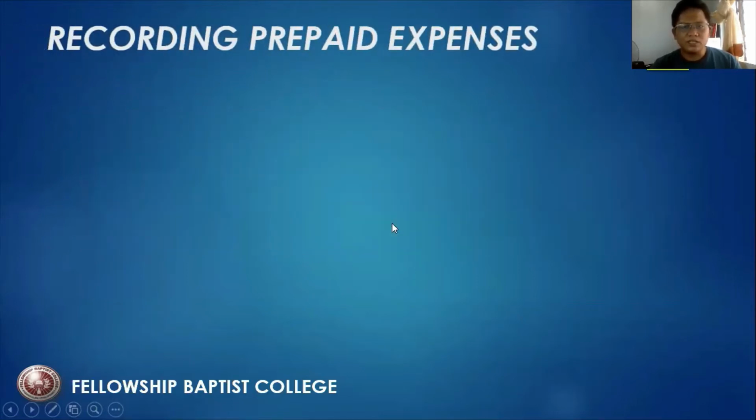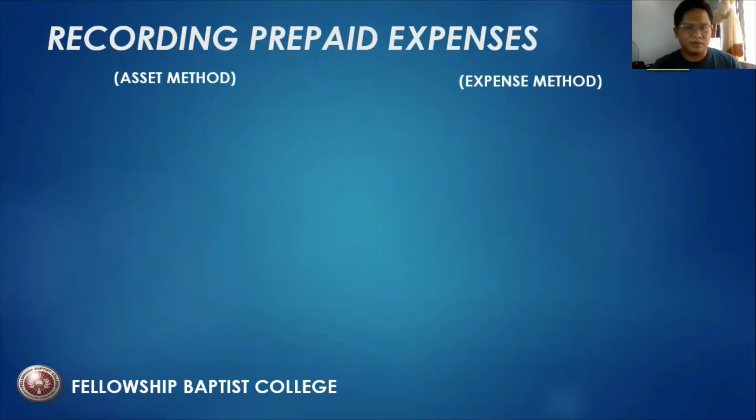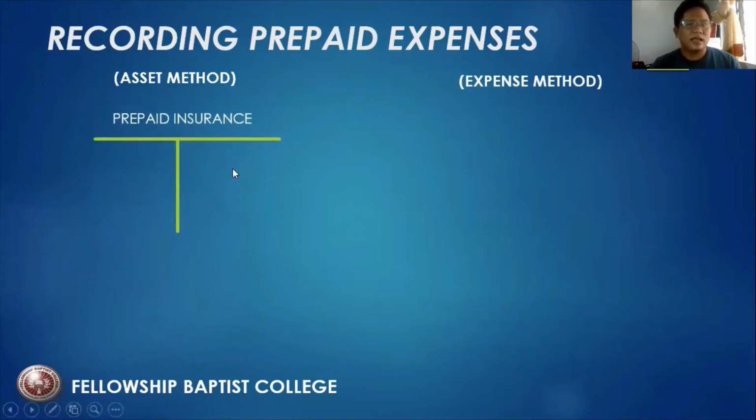Okay. So when we record expenses, we have two options. You can use the asset method or the expense method. When we say asset method, you record the payment under an asset account. In this case, we will be using prepaid insurance.